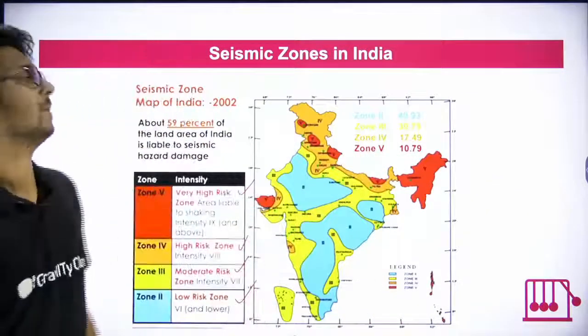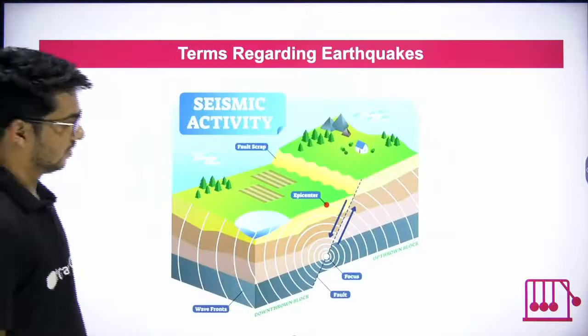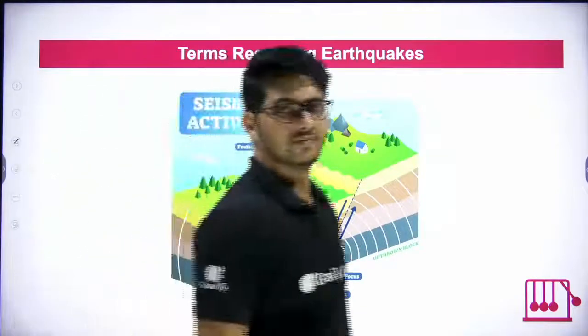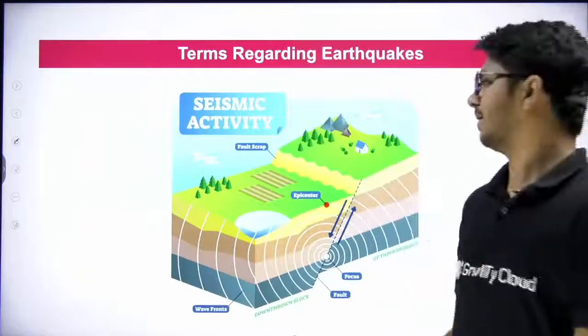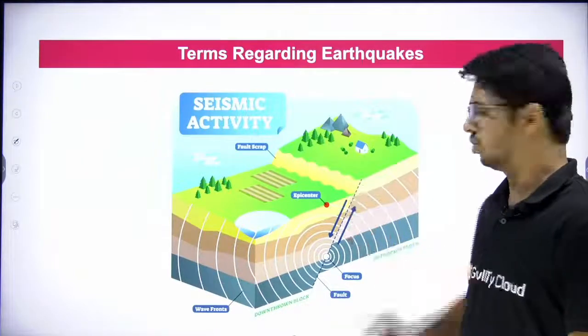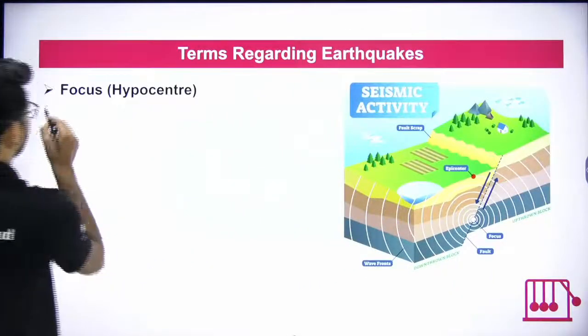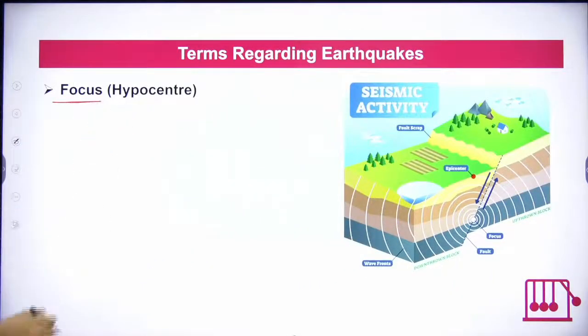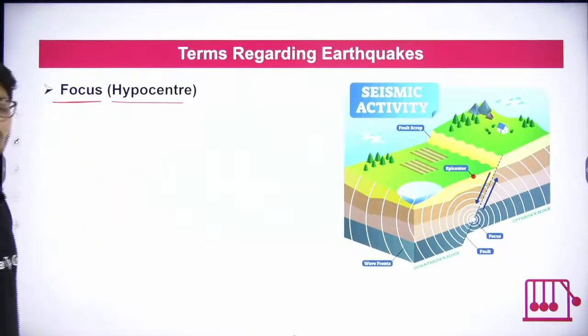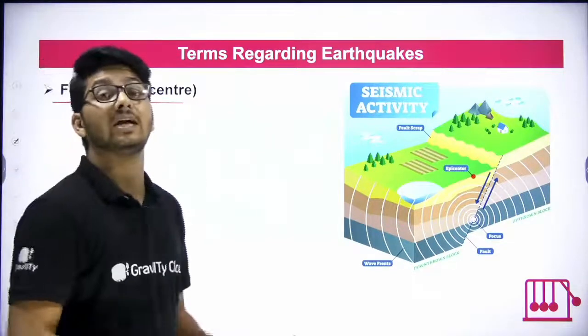Got it? Good. Next. There are some terms regarding earthquakes that we have to know about. What are they? This image will show you everything. We'll discuss each and every term one by one. First comes something called focus, or another name, hypocenter.